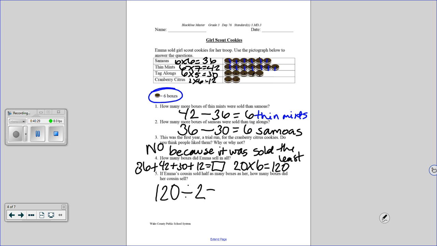Now Aiden's right, we can turn that back into just looking at it as 12 tens divided by 2. Aiden, what is 12 divided by 2? 6. But remember, it wasn't just 12, it was 12 tens, so my answer is 6 tens, aka 60.